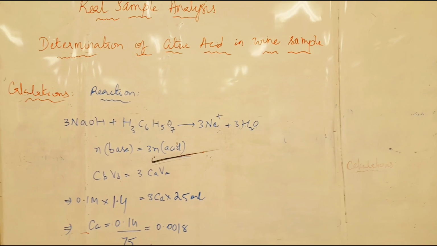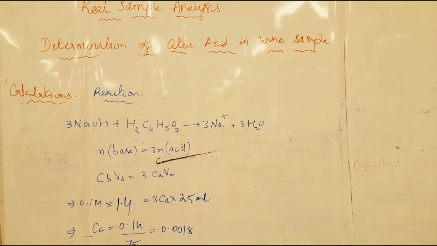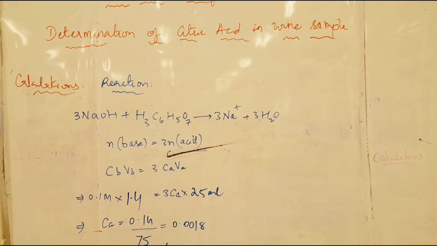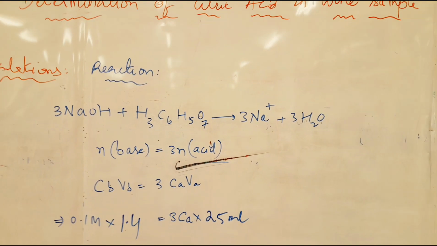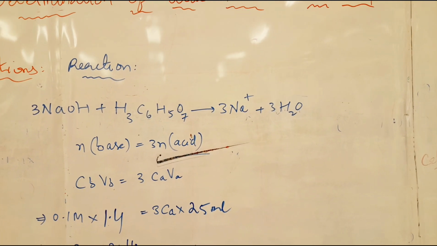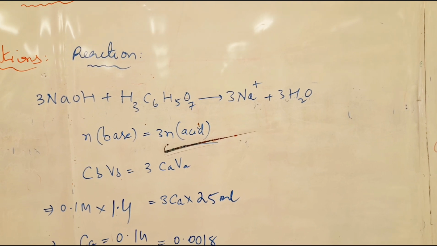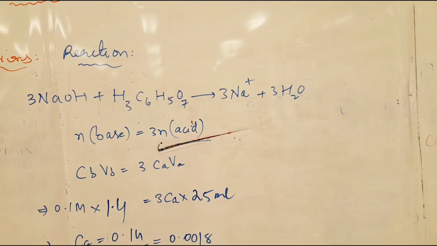Let us understand the calculation part. Determination of citric acid in wine sample. This also comes under the real sample analysis calculations. The reaction is 3 moles of sodium hydroxide reacts with 1 mole of citric acid. As per the stoichiometry, the number of moles of base is equal to 3 times the number of moles of acid.